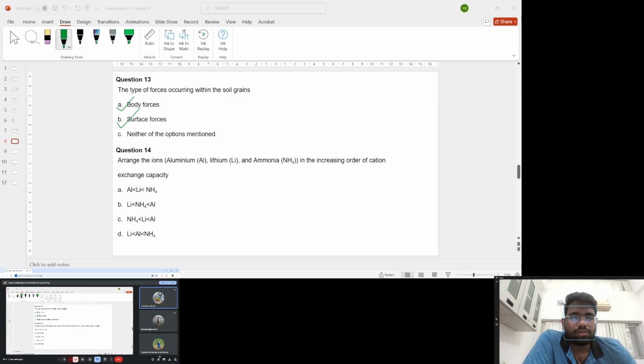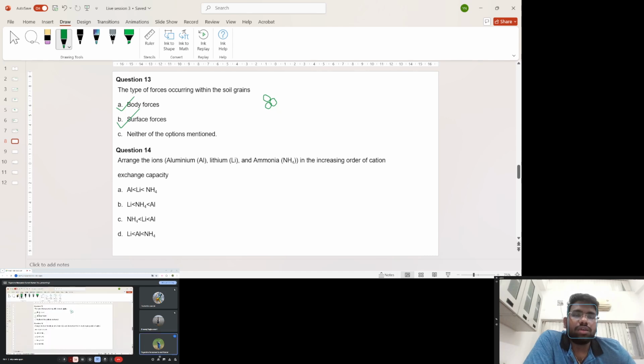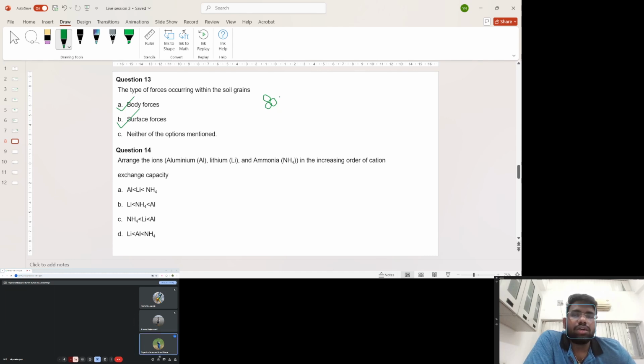When you are having grains of larger size, that is essentially in the coarse grain category, the forces which occur are purely body forces. It can be friction, it can be gravity. So it is purely so. And one more thing is most of the coarse grain soils are inert, right?